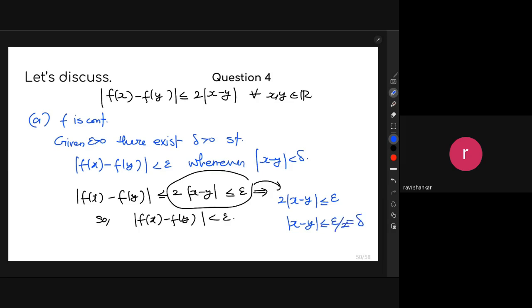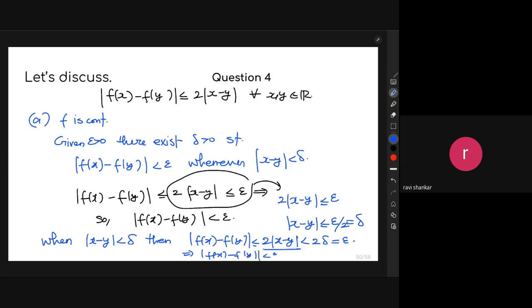Now you choose epsilon by 2 to be your delta. So when |x - y| is smaller than delta, then |f(x) - f(y)| is smaller than 2 times |x - y|, because of the inequality. And this is smaller than 2 times delta, which is epsilon. So |f(x) - f(y)| is smaller than epsilon.